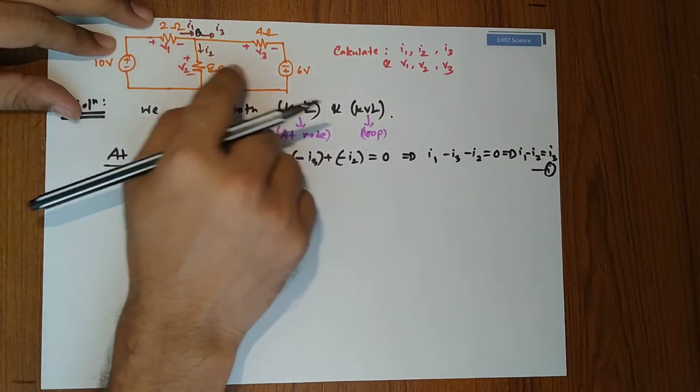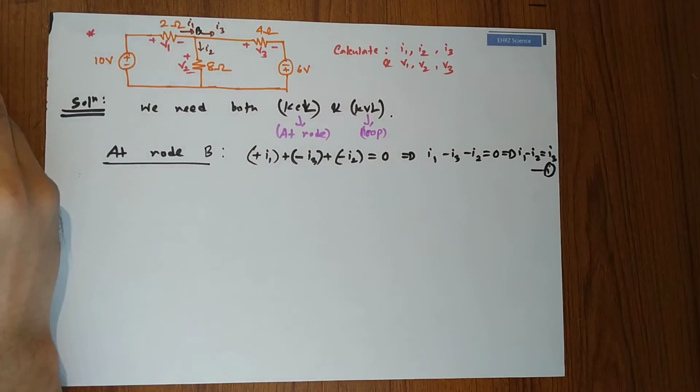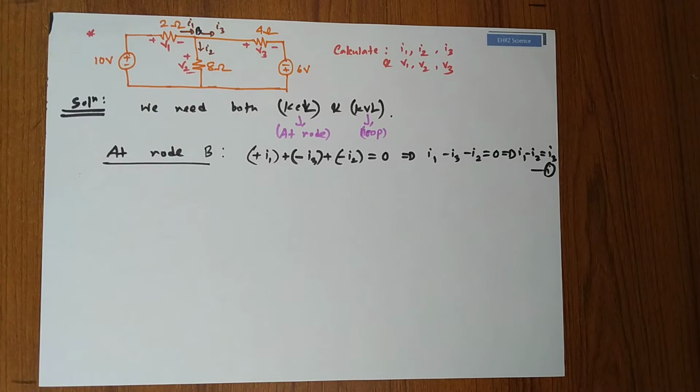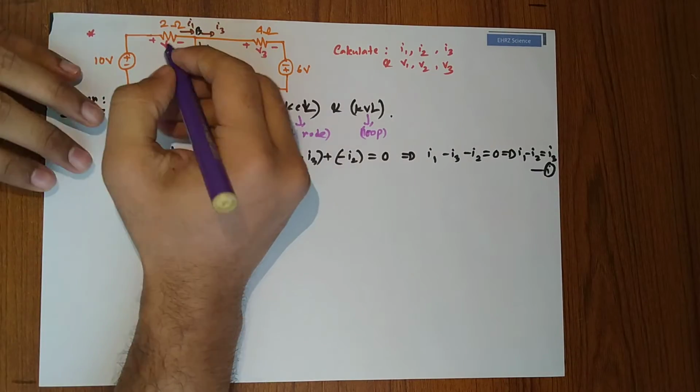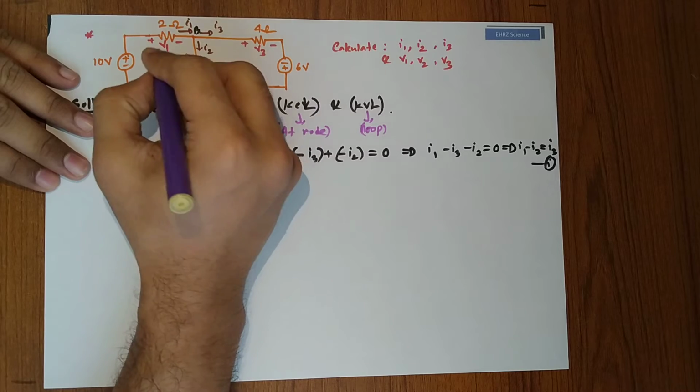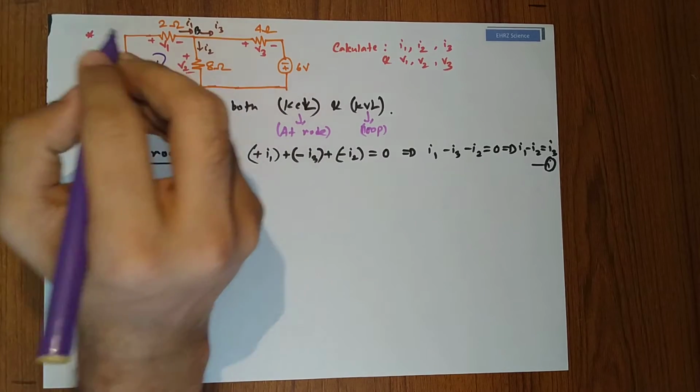Now, here are two loops. We have to travel inside this loop in either clockwise or anti-clockwise direction. Suppose we are traveling in the clockwise direction here.